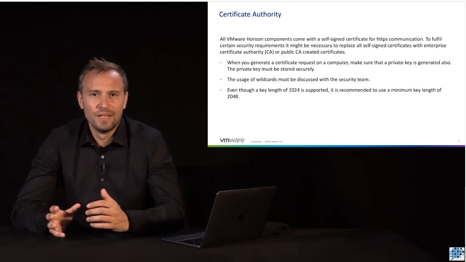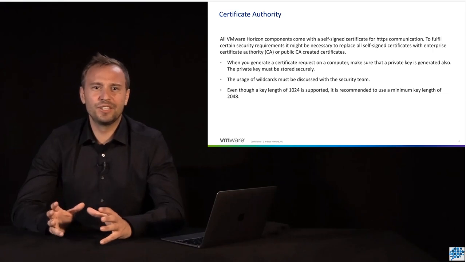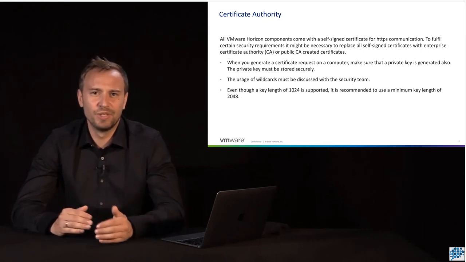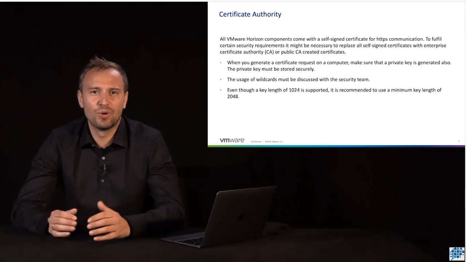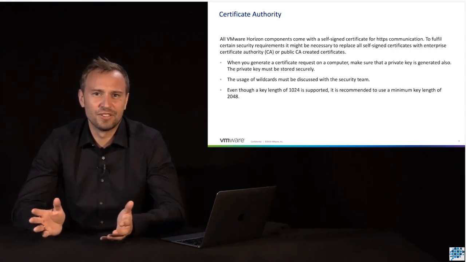When we talk about the usage of wildcards, we really need to include the security team in the discussion. We need to discuss right up front in the conceptual design what kind of certificates we need, and also in which Horizon components we need to replace the self-signed certificates with CA-based certificates.